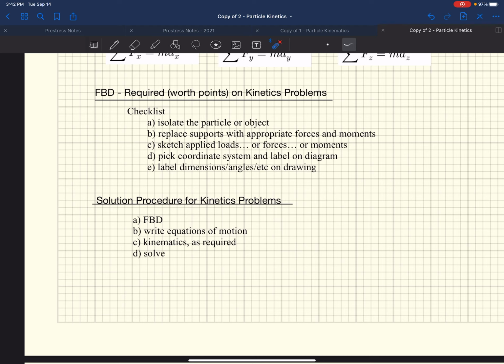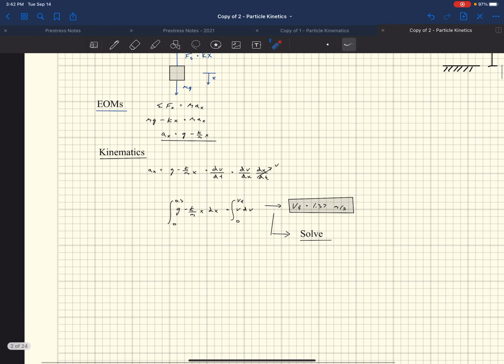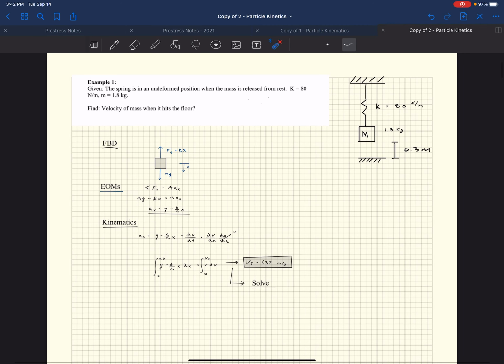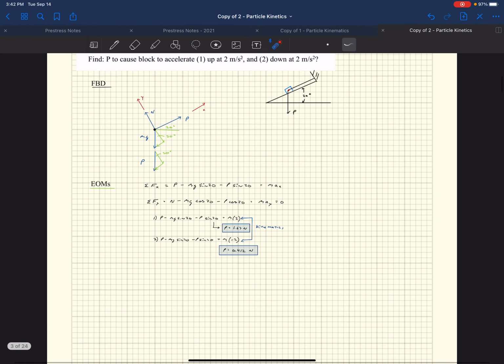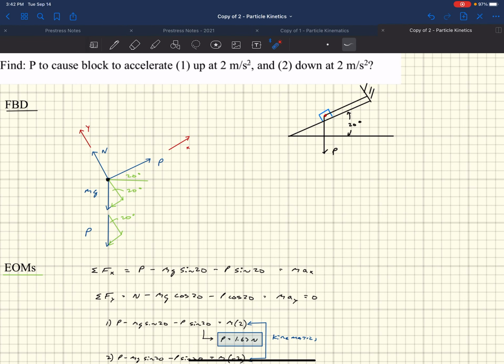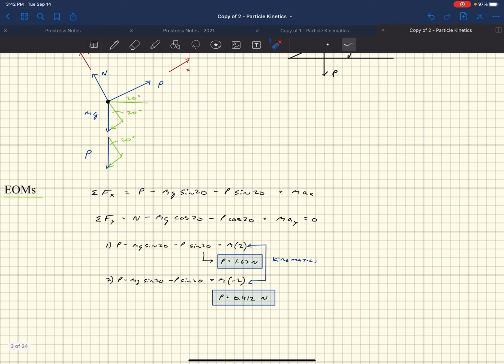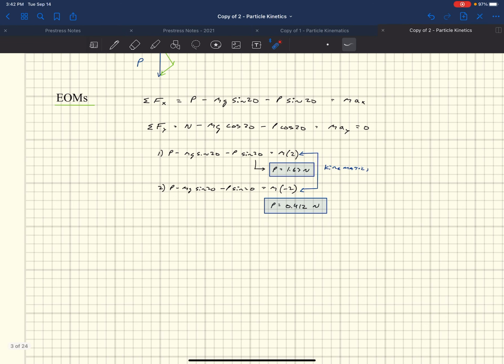And then I gave you a little checklist for making a free body diagram. We did an example of a mass hanging from a spring. Then we did another example of a ramp where we pulled on this cable, and this thing would move up or down depending on how much we pulled on it, and we controlled that acceleration. That was the problem we finished up on Monday.